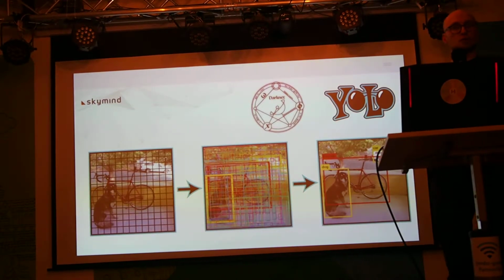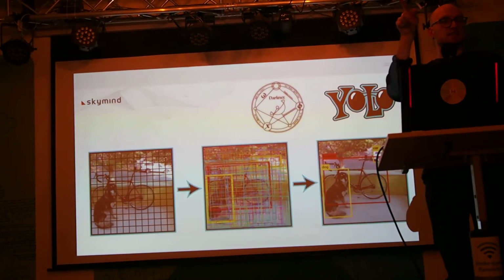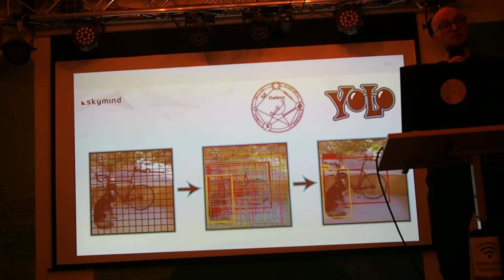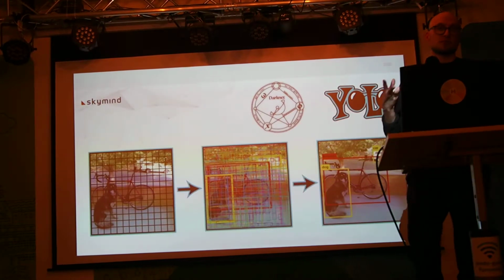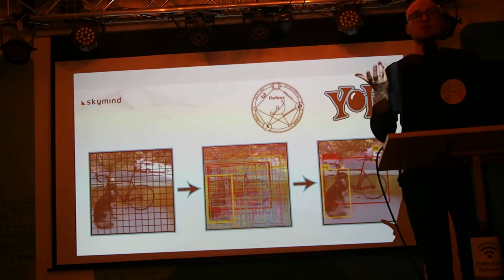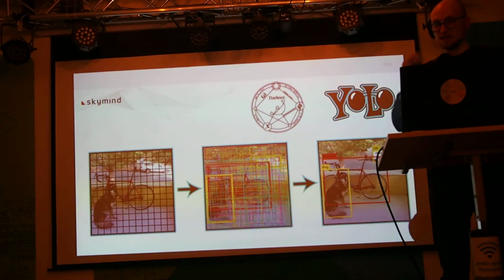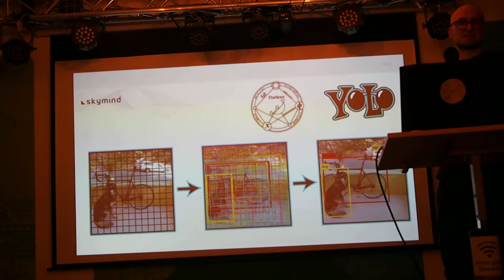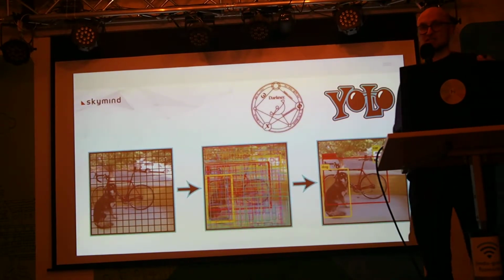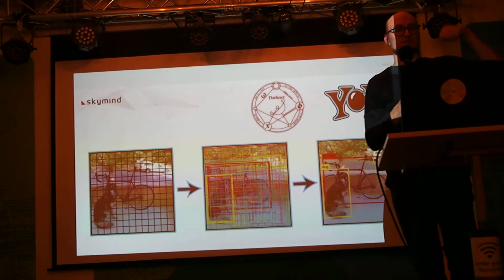And then you group your image into an S by S grid. Each of those little segments is responsible for detecting a given number, B, of boxes, right? And each box is defined by 4 coordinates: the center of the thing and the height and the width, right?